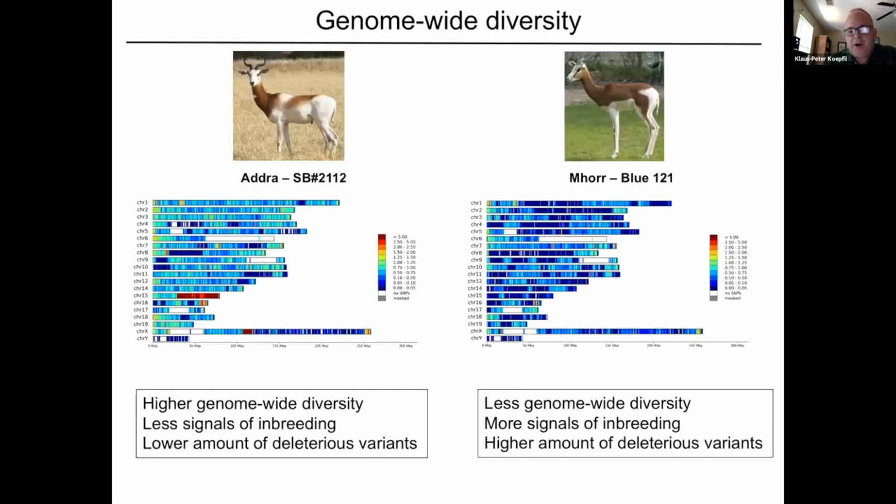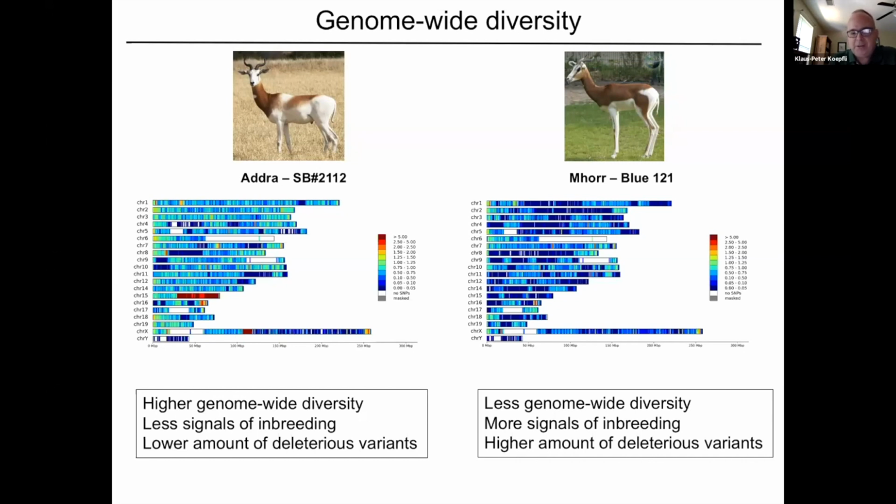From our studies, we have found, as per the expectations that I mentioned before, that the Adra gazelle has higher genetic diversity, actually about 2 times more diversity than the Mahor gazelle. Given the different population histories during the 20th century of these two subspecies, this is exactly what we'd expect.